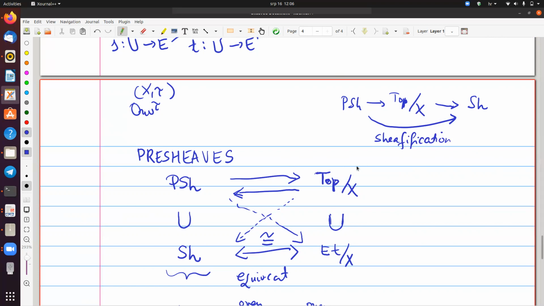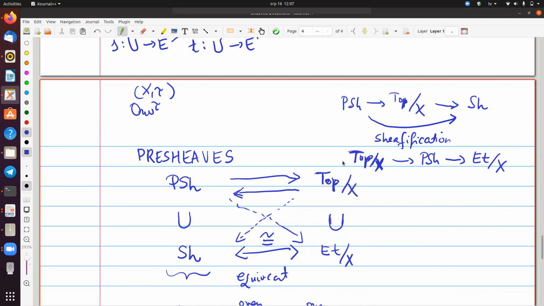Also, if I go from topological spaces over X to pre-sheaves, I mean, I end in sheaves already, and then I get to étale spaces over X. This also improves the situation. I end up in étale spaces.